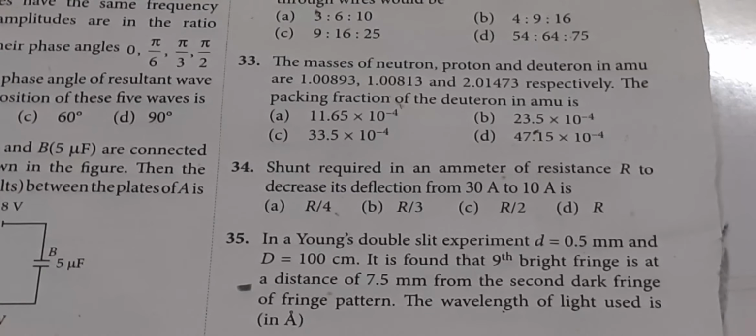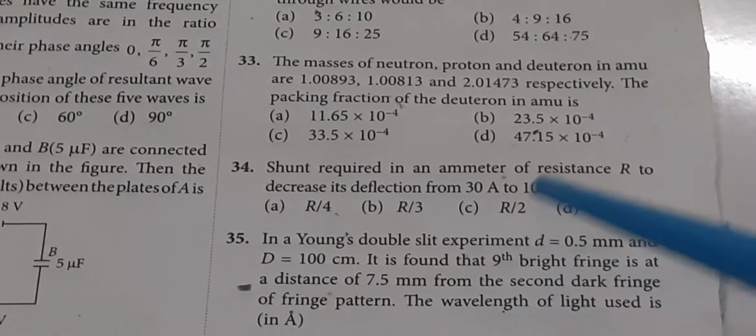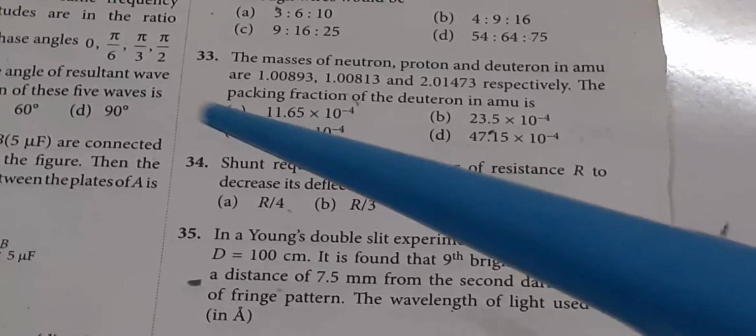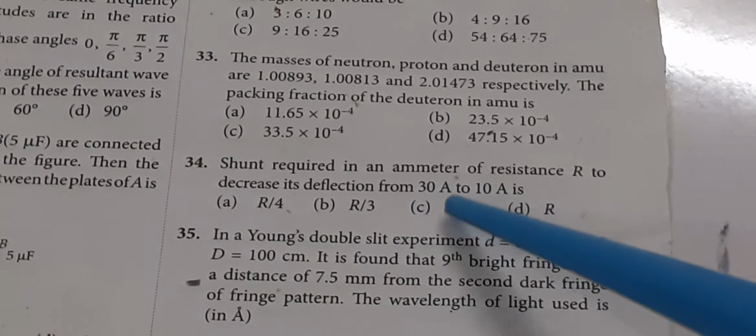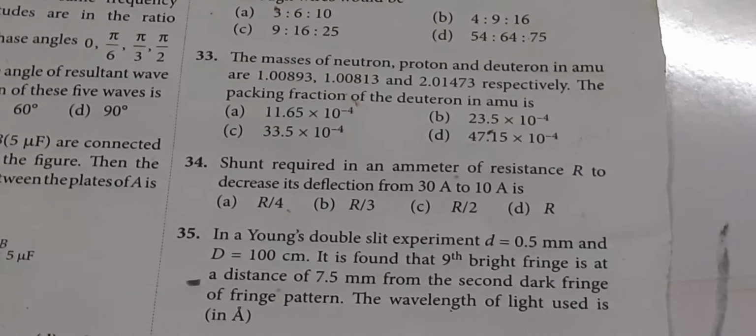Now come to the next job. Shunt required for an ammeter of resistance R to decrease its deflection from 30 ampere to 10 ampere. I mean, deflection depends on Ig. As we want deflection for only 10 ampere, then Ig proportionally decreases.